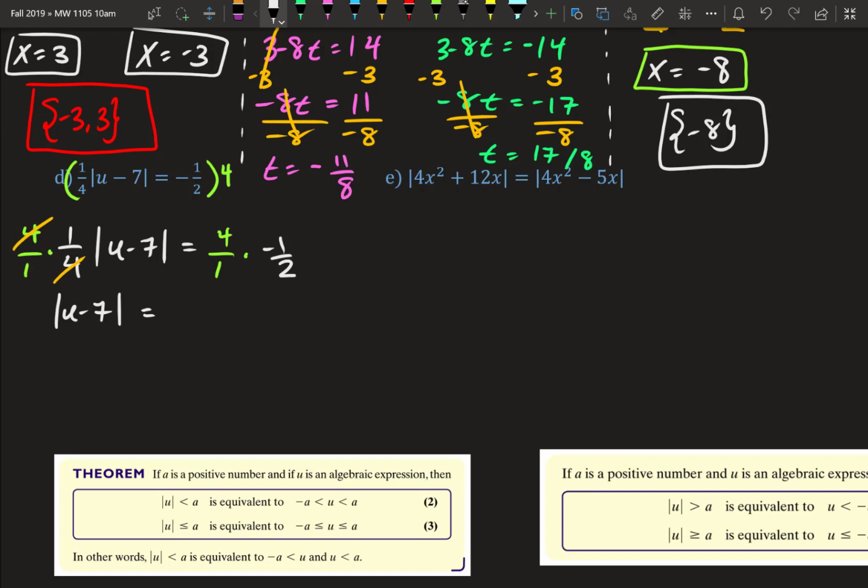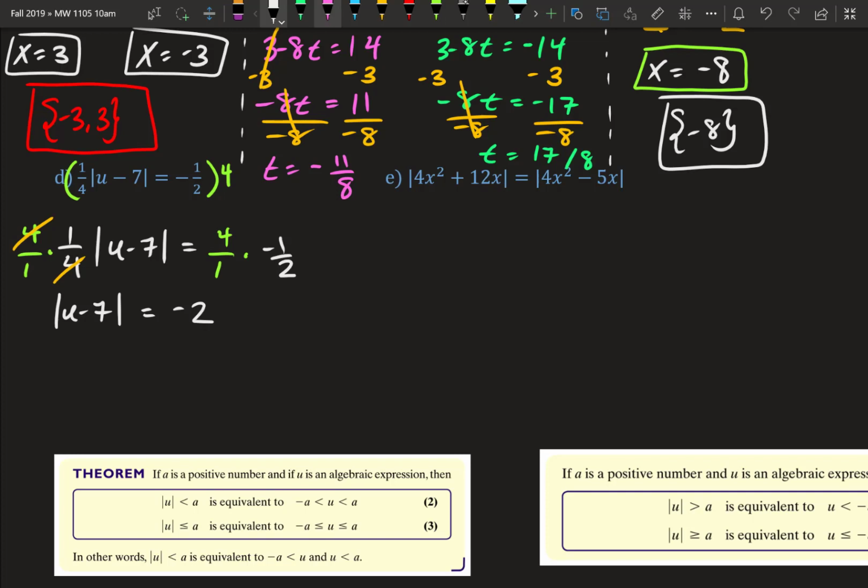So half of 4 is 2, times negative, that's negative 2. And now we can go ahead and split it up. So we're still going to split it up into 2, even though it's negative. But hold up, it's negative. Can absolute values equal a negative? Think about it. They always come out the positive answers, right?